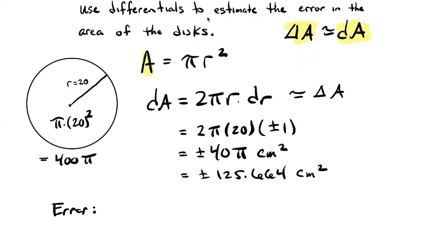The error in this problem was the change in the area. In general, it's the change in the function that you're considering. That's this number that we just calculated right here, the 125. It's our error. Plus or minus just means we could miss high or low. So you can also just say the error is 125 because it's always understood that you could miss high or low.